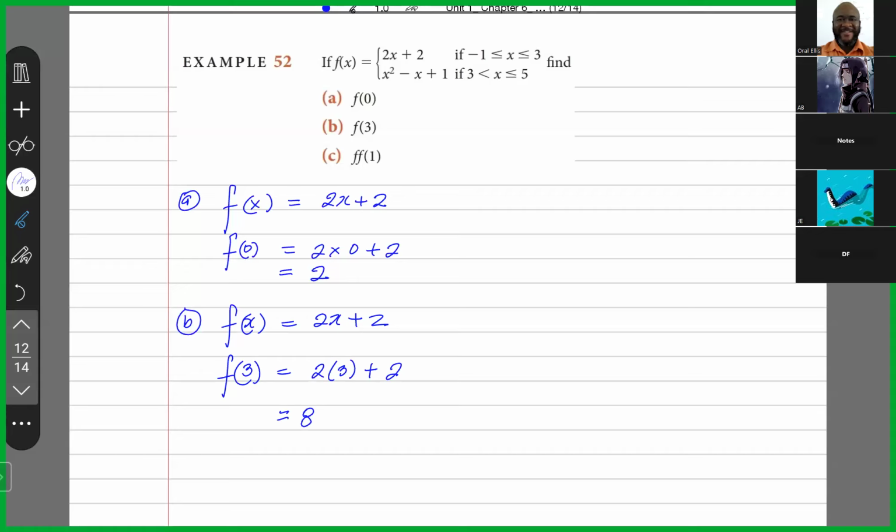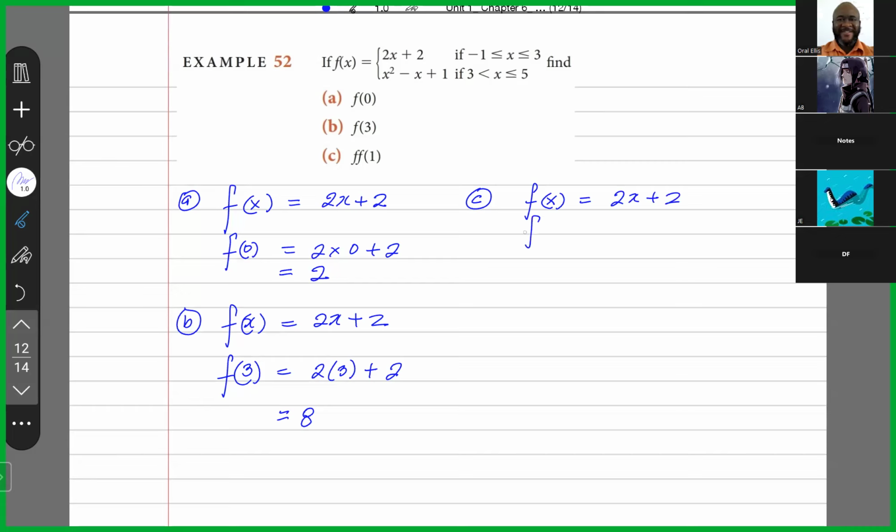All right, next we're asked to find f of f of 1. Now, if someone asks me to find f of f of 1, the first thing I would find is f of 1. All right, f of 1 is between what? 1 is between minus 1 and 3. So when x is equal to 1, f of x is equal to 2x plus 2.